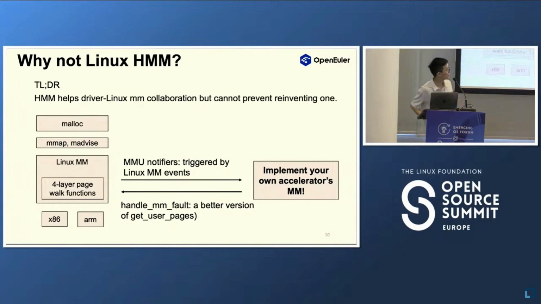The second mechanism of HMM is hmm_range_fault, which is simply a better version of get_user_pages. So you can see HMM does not prevent you from writing your own MM code. If you take a look at the open-sourced NVIDIA UVM driver, they do support HMM, but the supported part of HMM still implements the whole mechanisms.